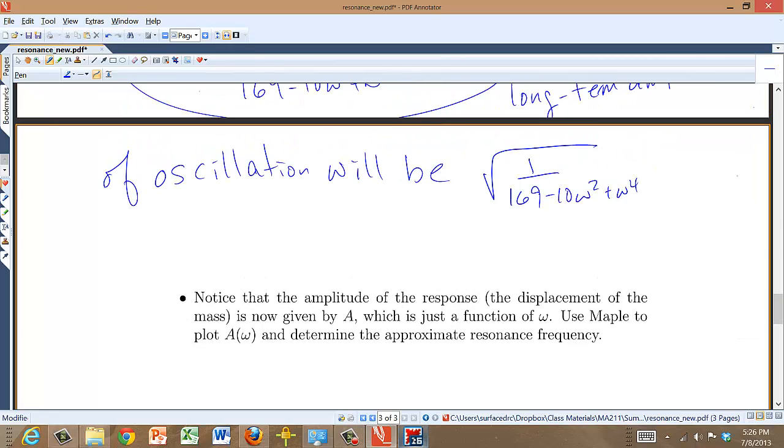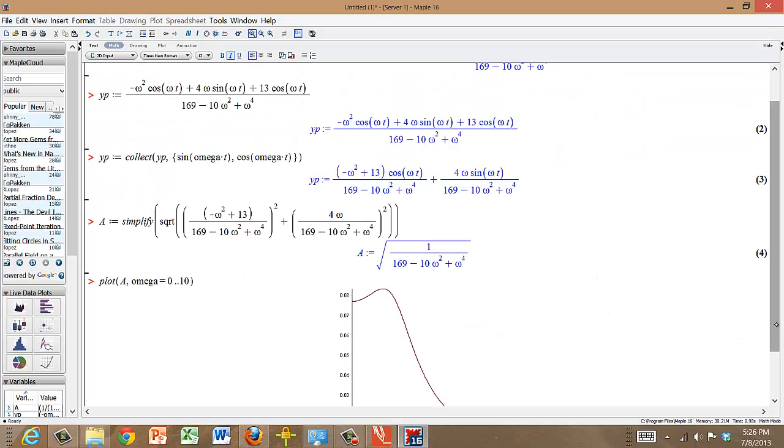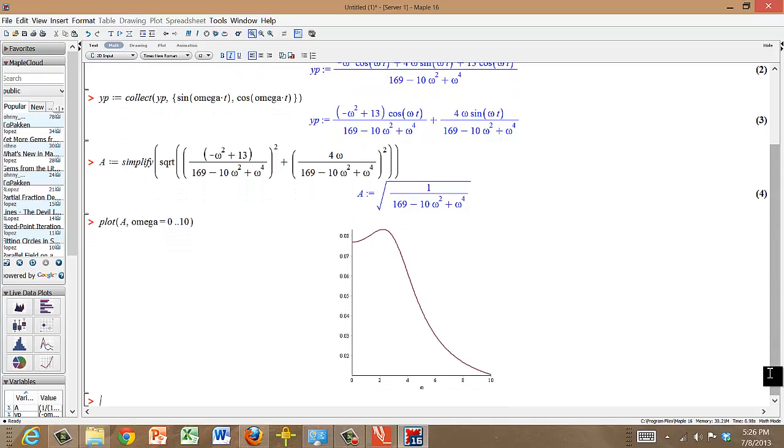Right, so let's go ahead. I've plotted that over here. I've plotted our expression for the amplitude in terms of omega.